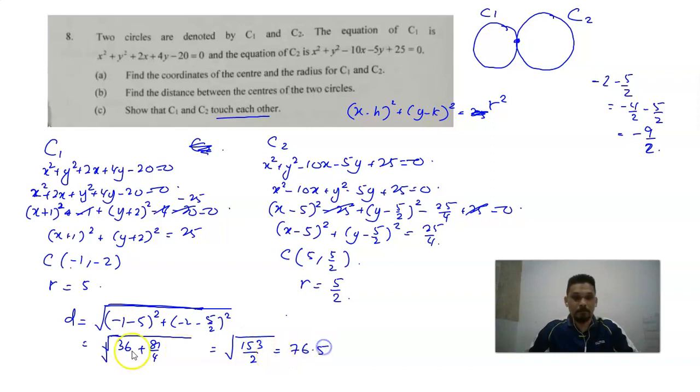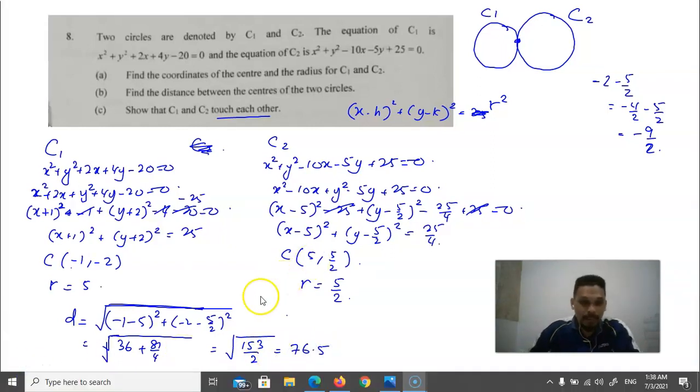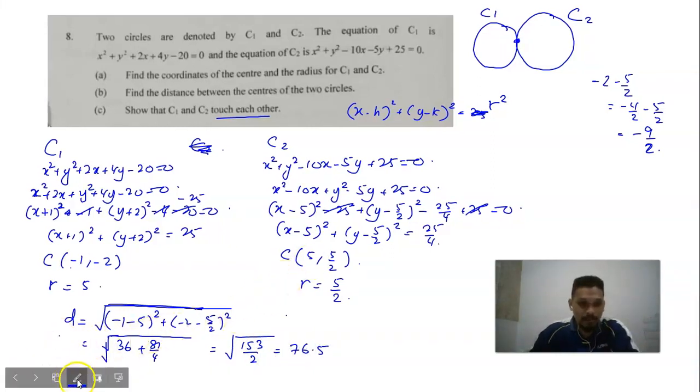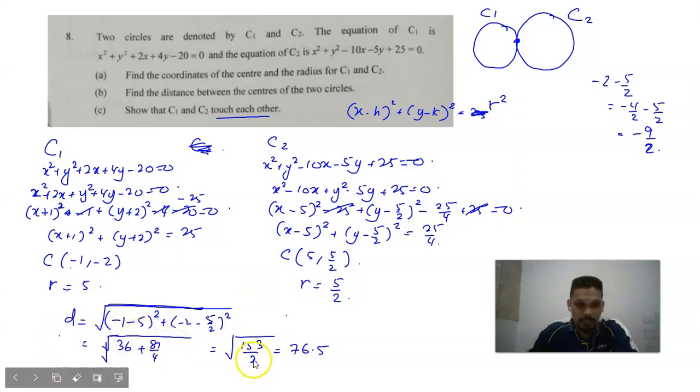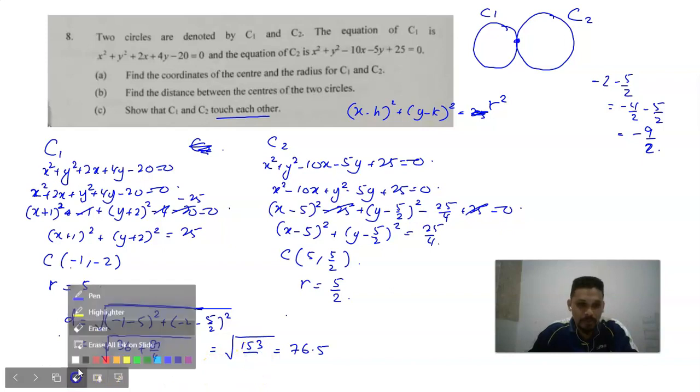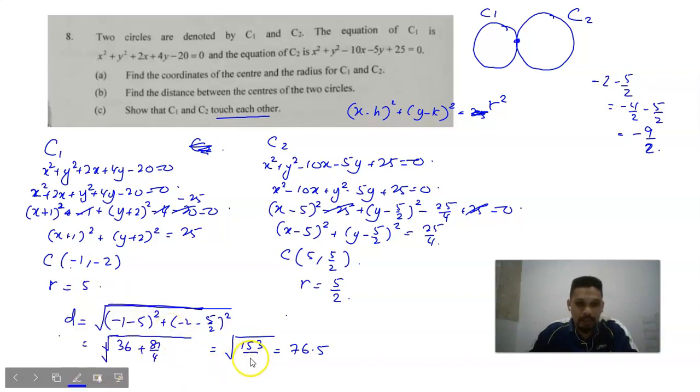Okay, class, I traced back my mistake here. It's supposedly 4 here. Okay, 153 divided by 4.